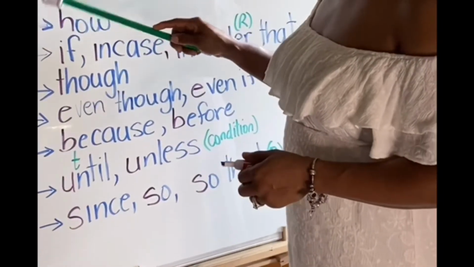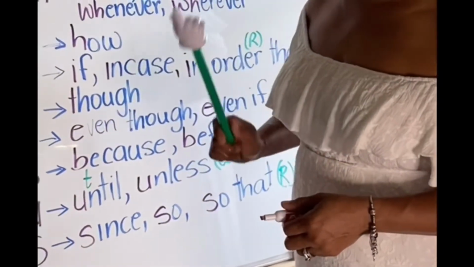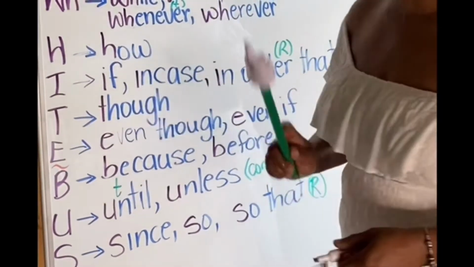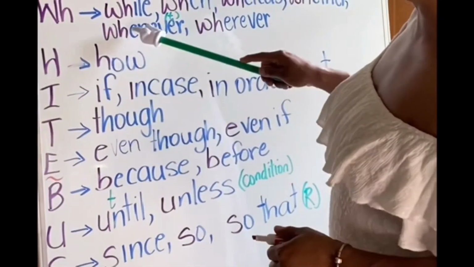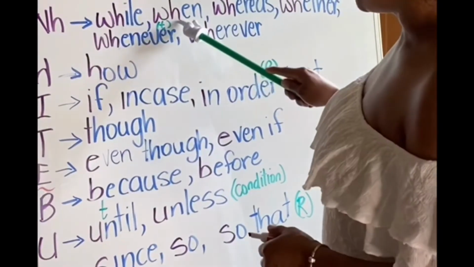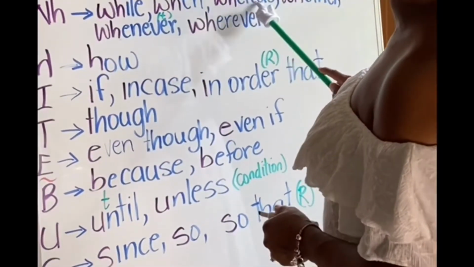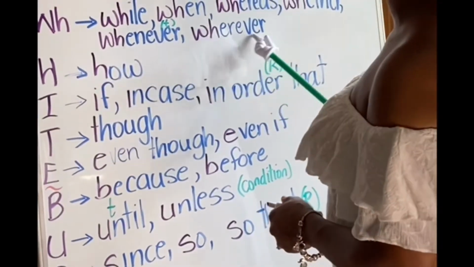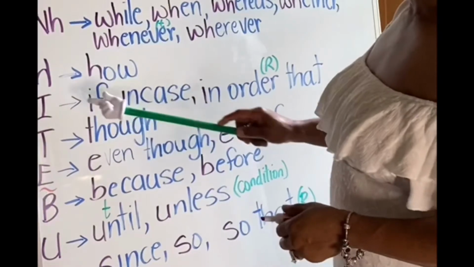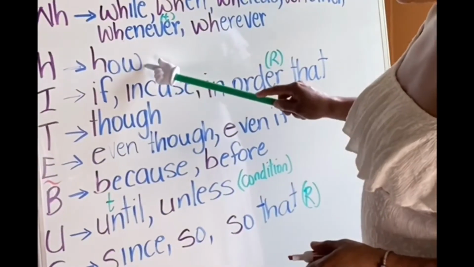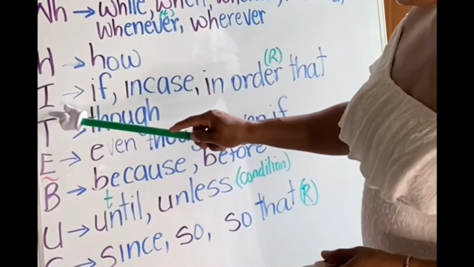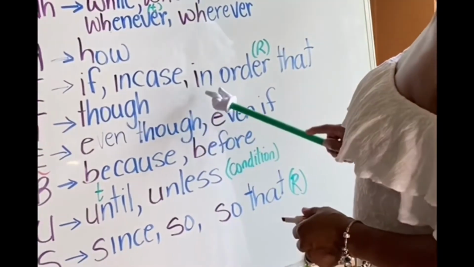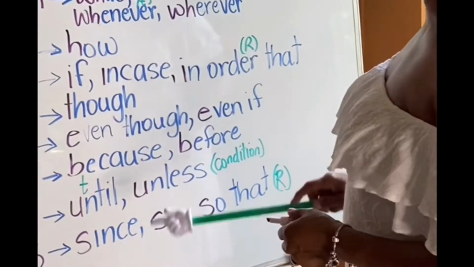Now WH, and notice I didn't just put W, I put WH because all these conjunctions start with WH. So we have while, when, whereas, whether, whenever, and wherever. H stands for how. I stands for if, in case, in order that.